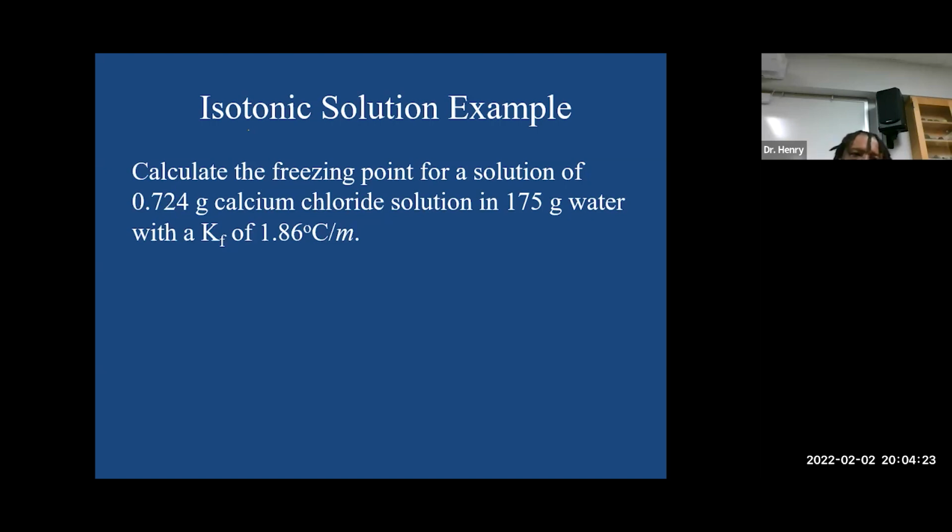Okay, so calculate the freezing point for a solution of 0.72 grams of calcium chloride in 175 grams of water, with a Kf of 1.86 degrees Celsius per molal.